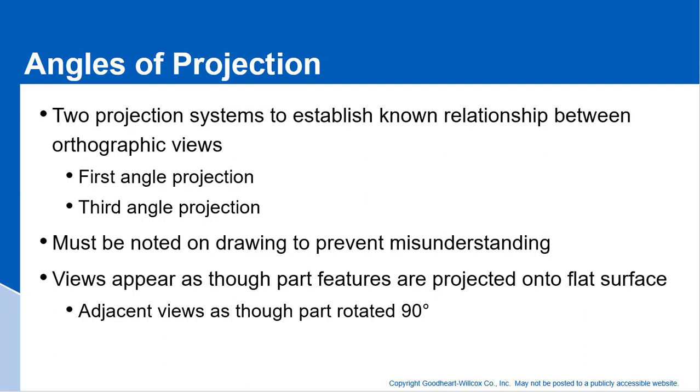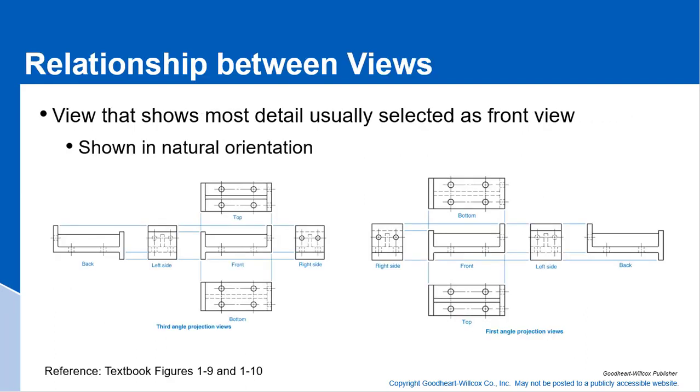The next slide tells you the difference between third angle projection and first angle projection. The easiest way to explain it is, on your orthographic projections you have a front view. This is third angle, what you're typically used to. The right side view is actually looking at this face, as if you rotated the part and were looking at this face right here.